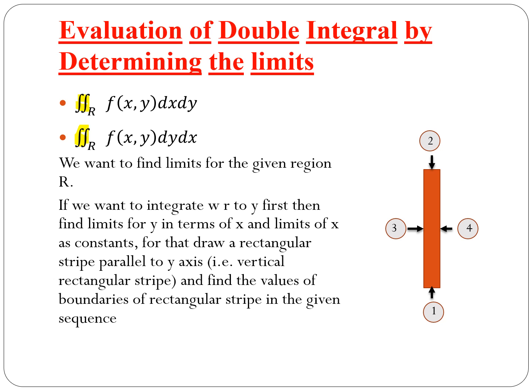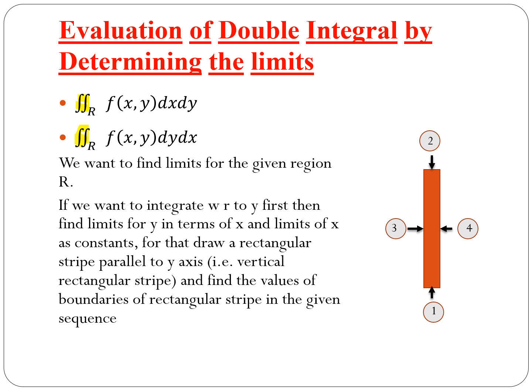Okay, so if you draw the vertical strip, then the entering point, that is the lower arm of this strip, will give you the lower limit of y, and the upper arm of this strip will give you the upper limit of y. Then the left side, how far your strip can move, will give you the lower limit of x, and the right side, up to which point it can move, will give you the upper limit of x.